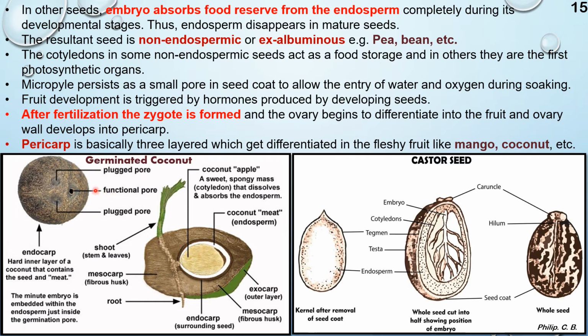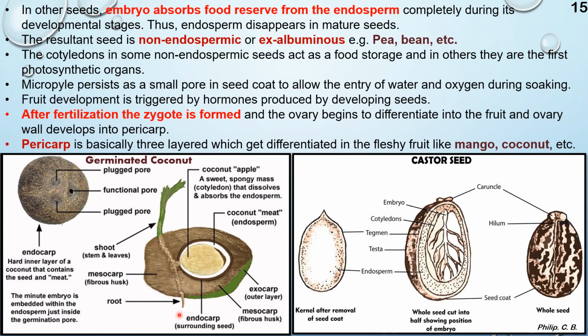Now, a little additional information here. If you take the coconut, there may be three holes or darkened regions, of which one will be functional, where you can pierce through it; the other two are very hard, actually plugged pores.